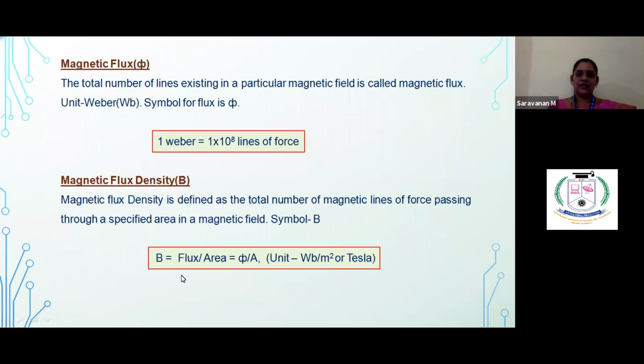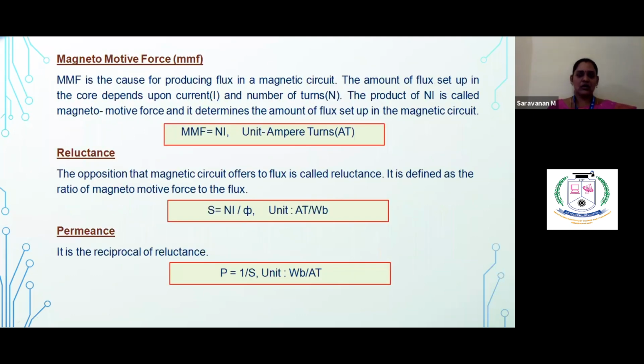Hence the unit of flux density is Weber per meter square, or in other words, Tesla. Make a note of this expression, as we will be using it in further problems. So magnetic flux density B is equal to flux divided by area, given in Weber per meter square or Tesla.